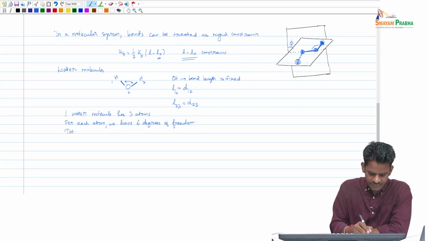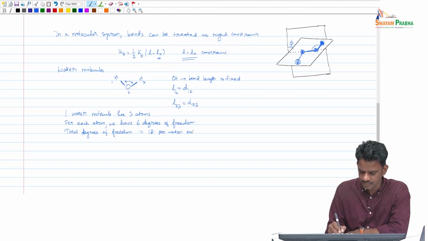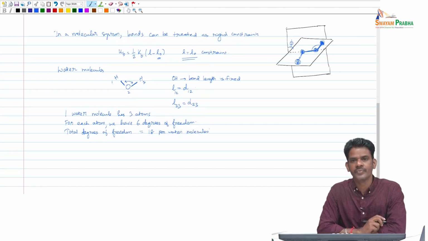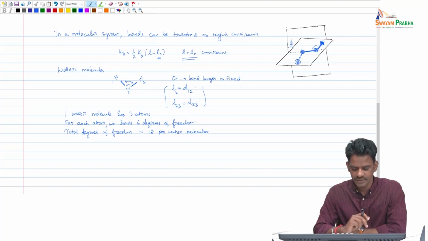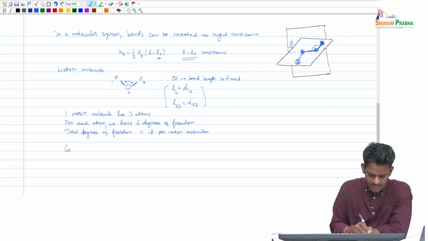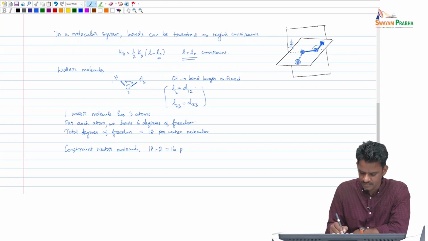So, the total degrees of freedom for a water molecule is going to be 18. But now, when I constrain 2 bond lengths, the degrees of freedom for such a constrained water molecule will be 18 minus 2, that is 16 per water molecule.